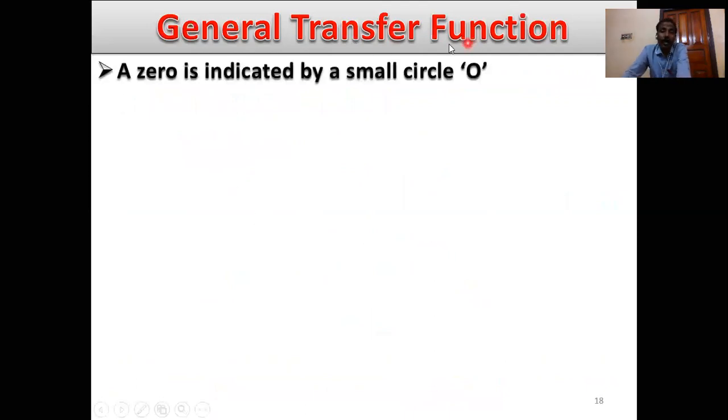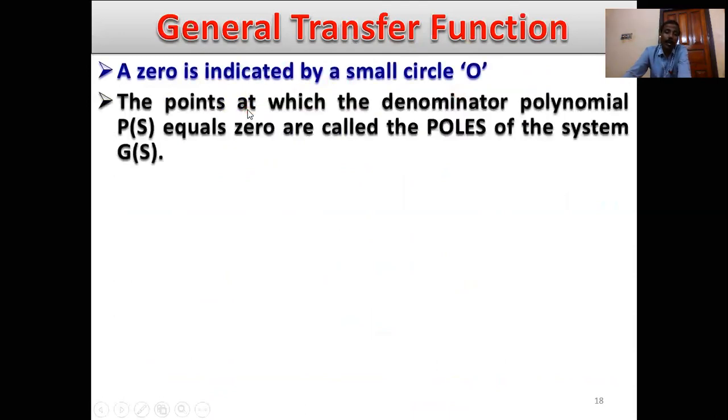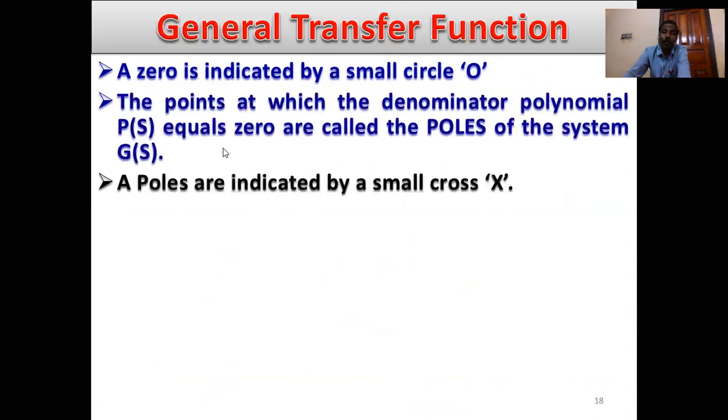Again, in the general transfer function, a zero is indicated by a small circle. The points at which the denominator polynomial P of S equals 0 are called the poles of the system G of S. Poles are indicated by a small cross x.